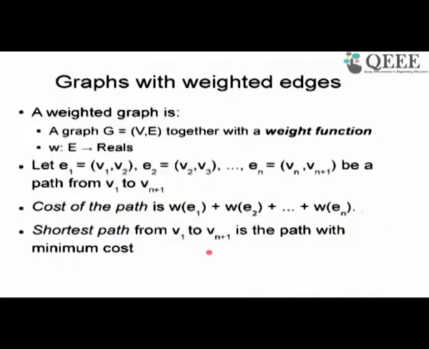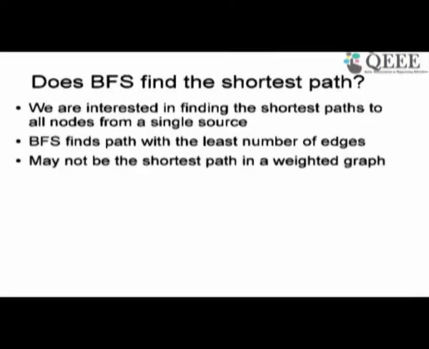So you might look at time as the thing that you are optimizing. Each of these things sets with each edge a weight function depending on whatever your application is, and then we define the cost of the path as the sum of the weights of the edges. What we are interested in finding is the minimum weight path or the minimum cost path, which is the shortest path in terms of sum of the weights of the edges.